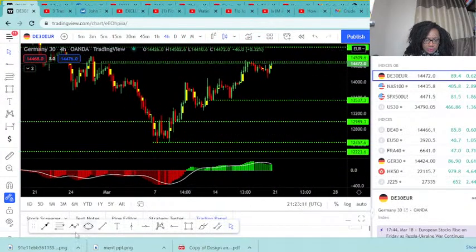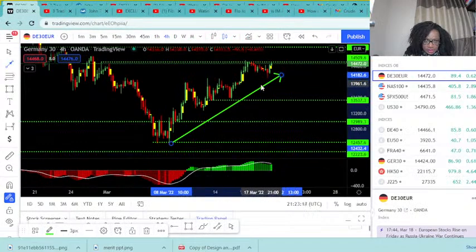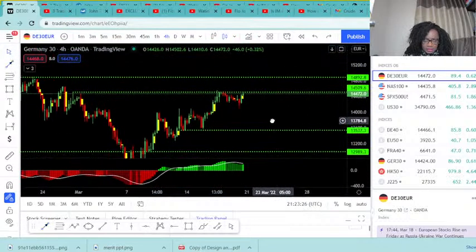We can also see that since the 8th of March, there's a general uptrend in the value of the German 30.